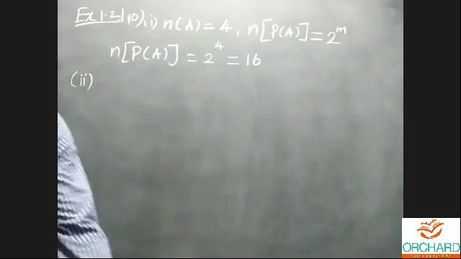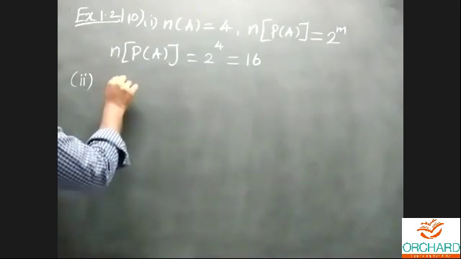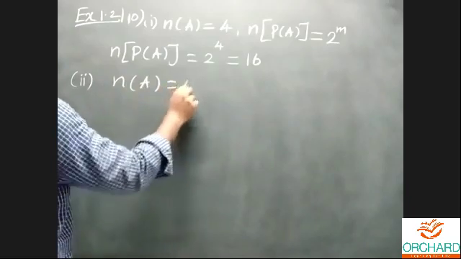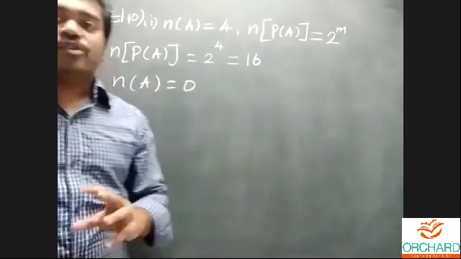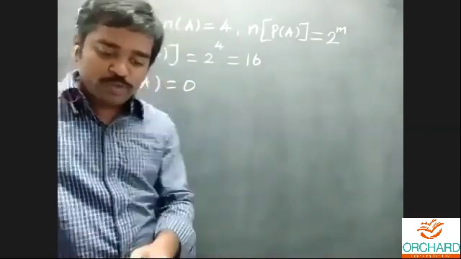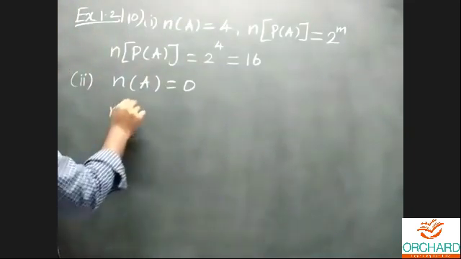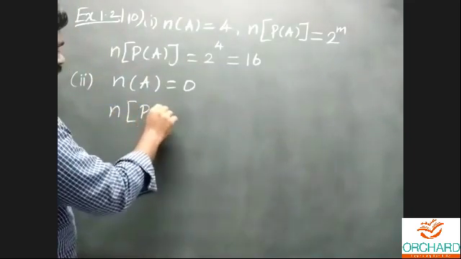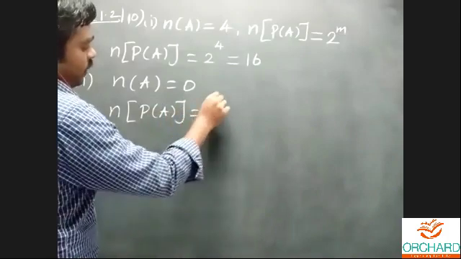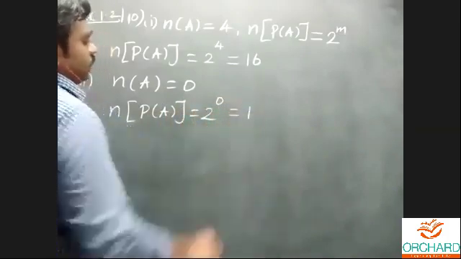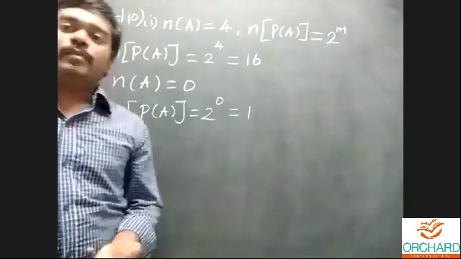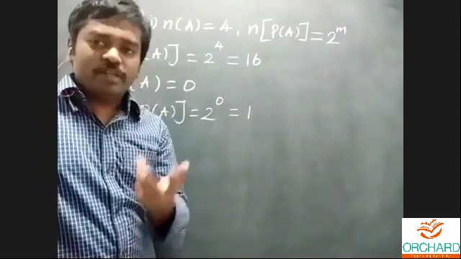Next, the second subdivision. n of A is equal to 0, so there is no element in set A. Here you want to identify n of P of A. 2 power 0 is 1. There is no element in the set, so the set is the empty set.